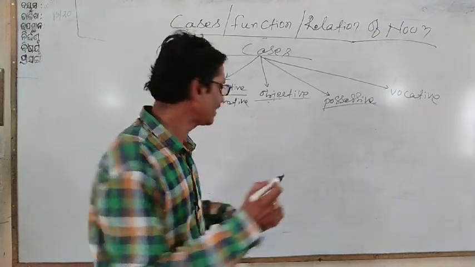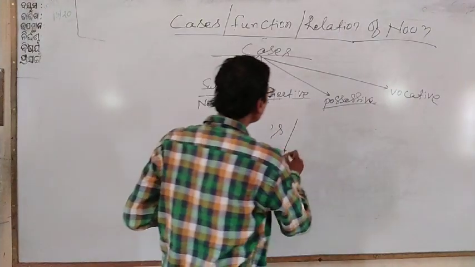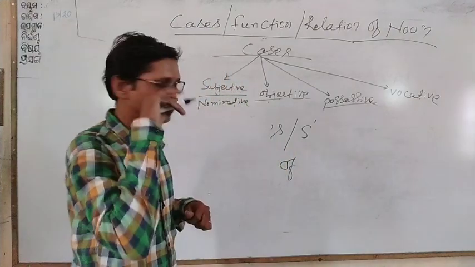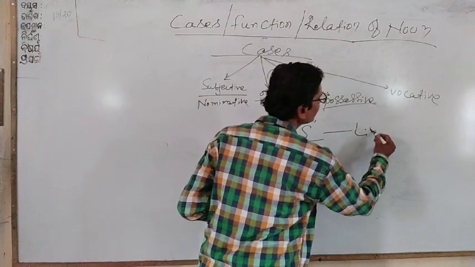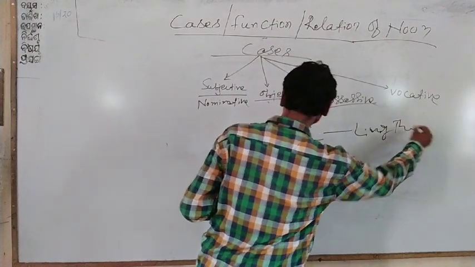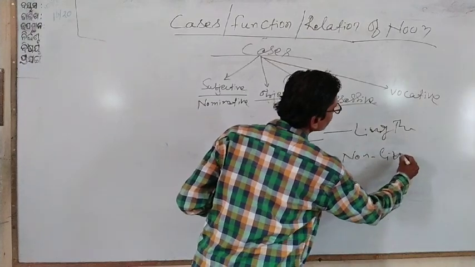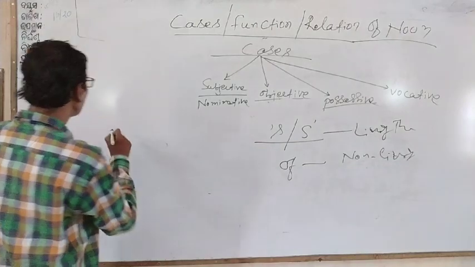Possessives are created either by using apostrophe s or s apostrophe, or we can use of. S or apostrophe are used for living things, and of is for non-living things.